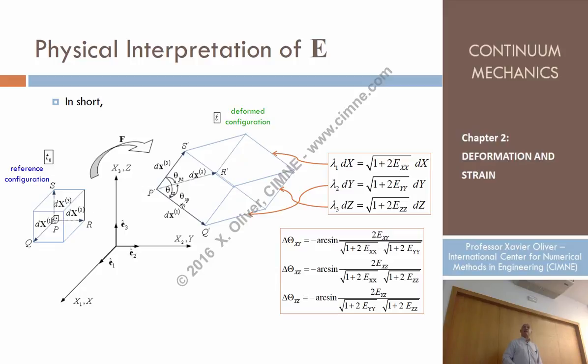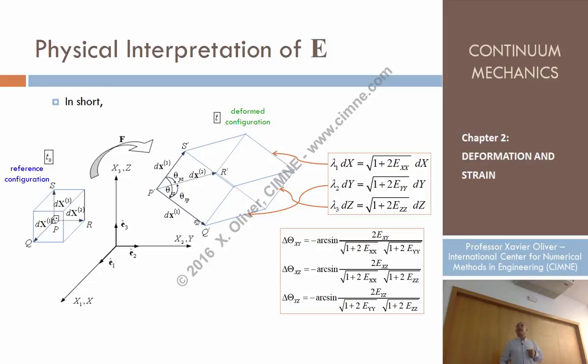These are not orthogonal anymore. So these angles that were orthogonal, this square with a dot inside meaning they are orthogonal, are no longer orthogonal after the deformation. These angles have varied. But if we know the components of the strain tensor, we can, so to speak, plot what would be the shape of this deformed parallelepiped in the deformed configuration.